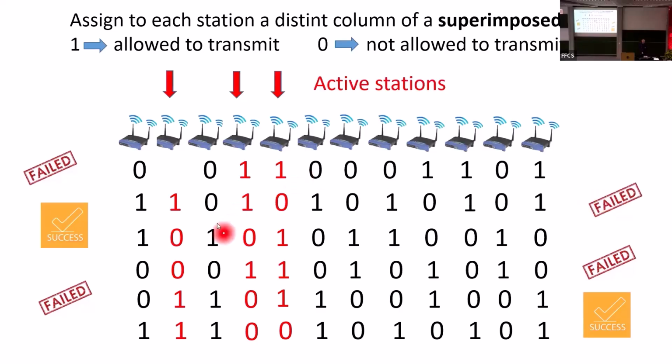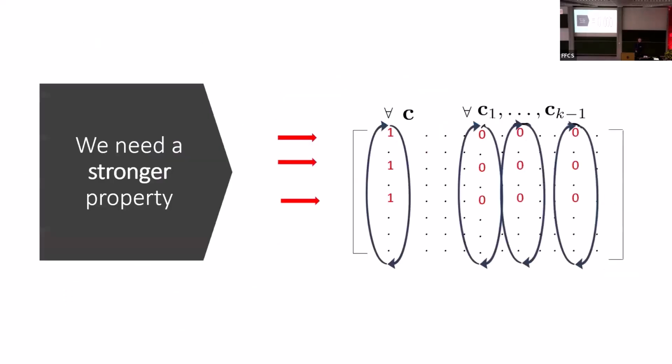Because now this station is colliding with the other. And so the protocol does not work. And so we need something stronger, another property. So we need actually two stronger properties. The first property is that the basic property of superimposed code must hold for any cyclic shift of the protocols, because the fact that it holds for any cyclic shift means that a station can wake up at an arbitrary time instant.